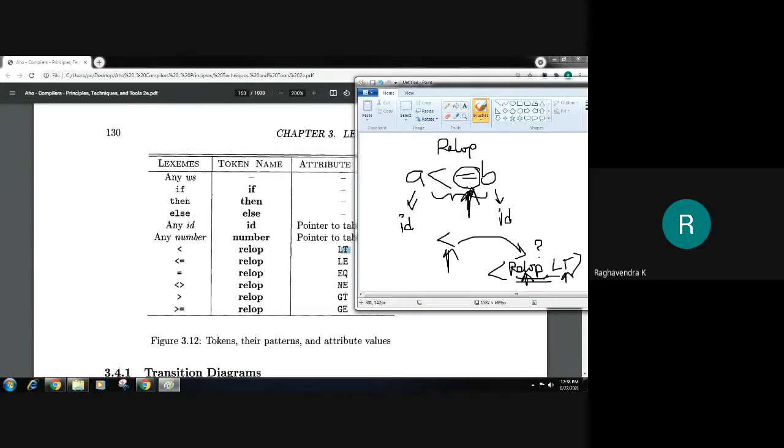If I don't do that, then I'm returning a wrong token to my syntax analyzer, correct? So this is what is going to happen. So how are we going to ensure that whenever our lexer sees a less than symbol, it does not return it immediately, but waits until it sees the next symbol in line?